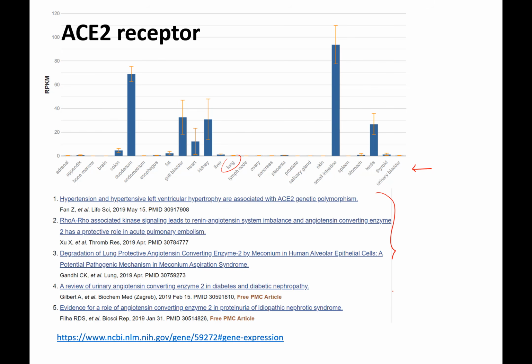Here is just a screenshot of some of the papers that have been done to characterize the functional receptor, so what it does normally in humans. It's an enzymatic receptor, which means it can cleave proteins, and they think it can regulate cardiovascular and renal functions.